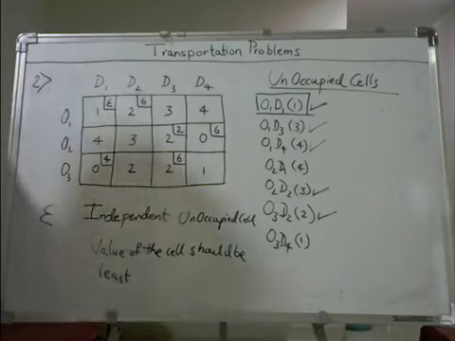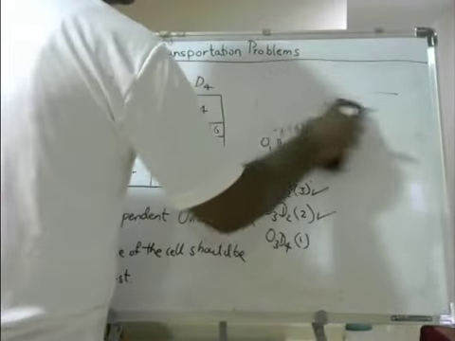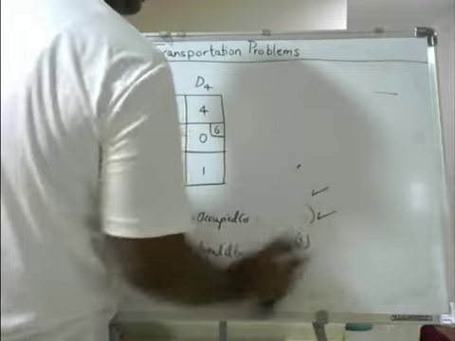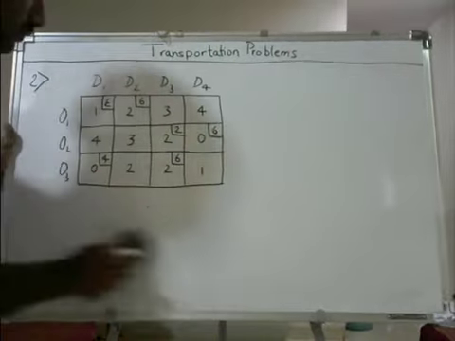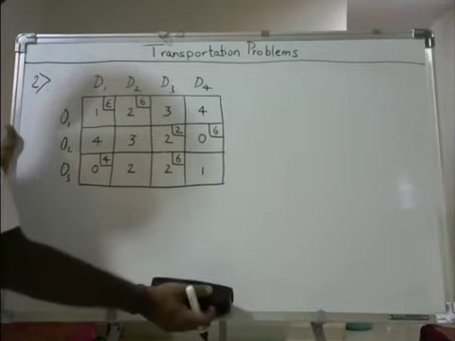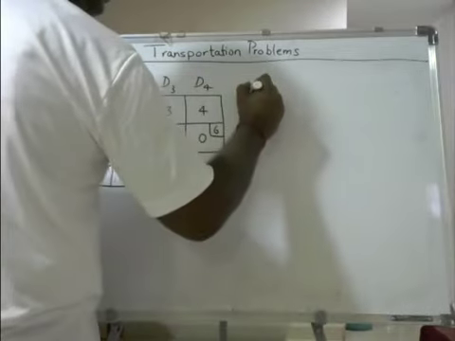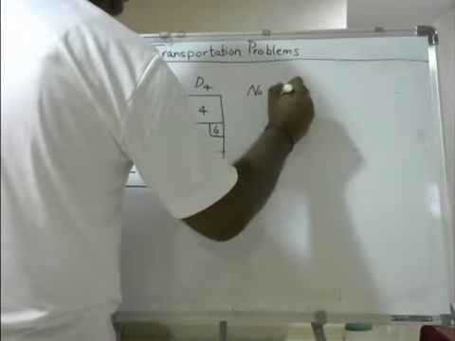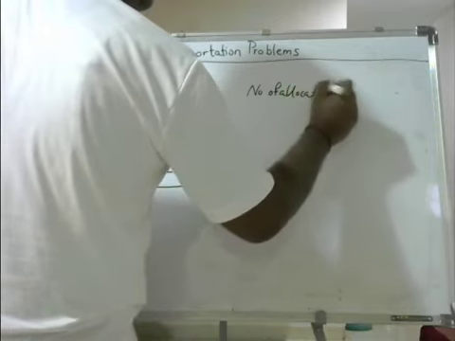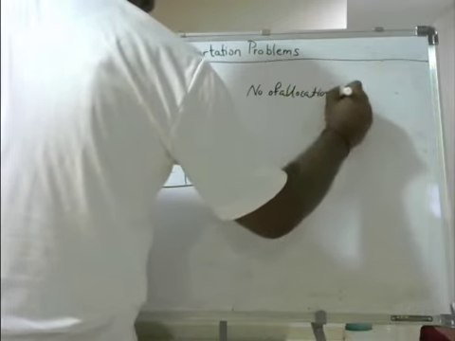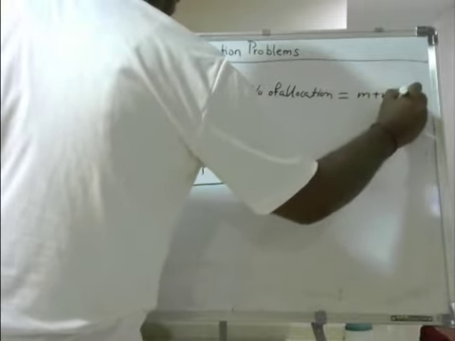Now let us see, have we met the conditions? The condition is that the number of allocations should be equal to m plus n minus 1 at least.